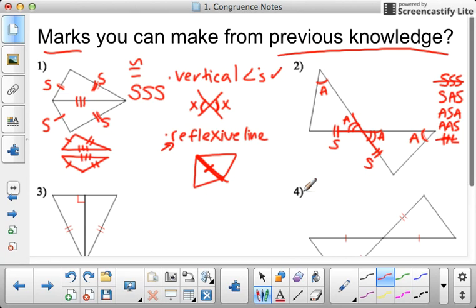Well, now I can look at this and say it can't be side, angle, side because I've got two angles and a side. Now, to distinguish between angle, side, angle, and angle, angle, side, I have to figure out, is this side between the two angles? So here's one angle and here's the other angle. Is the congruent side between them? No, it's not. Therefore, it has to be angle, angle, side.